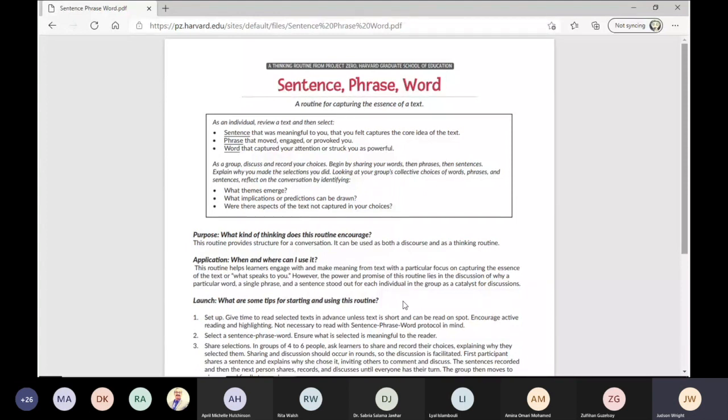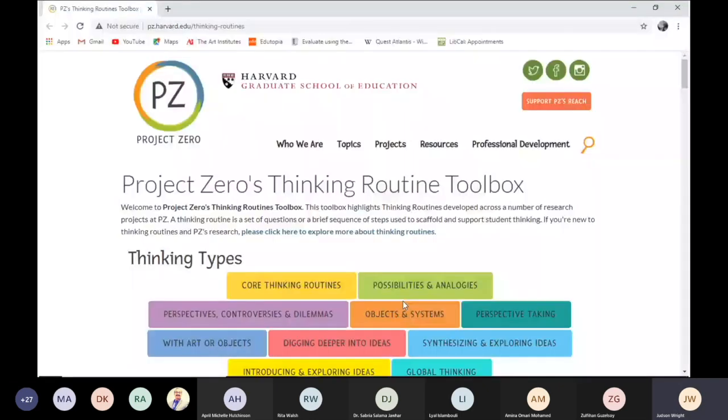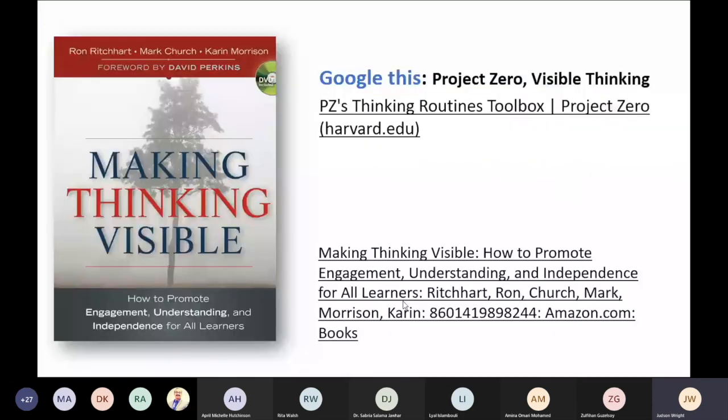So don't be disappointed or frustrated if the first or second time you do this, the kids are more quiet or they're not as engaged. Because you also, as a teacher or presenter, have to learn how to facilitate this and make everyone know that it's a safe space to comfortably try this thing. So I really wanted to share that real quick. Again, that's just Google Project Zero Visible Thinking and you will find it.